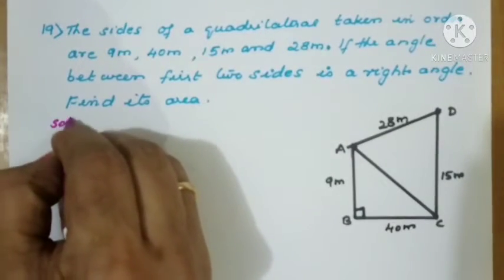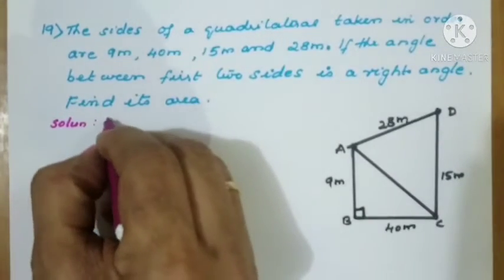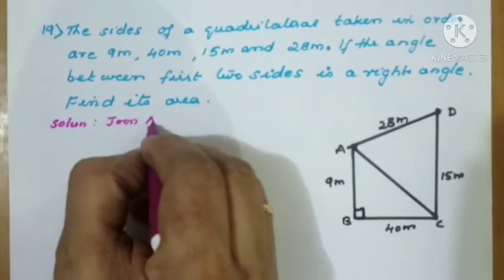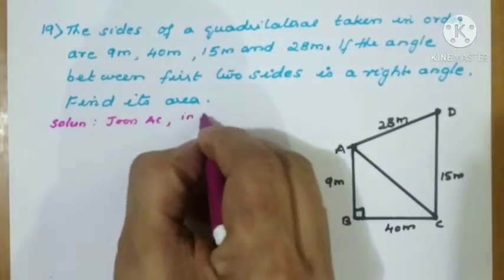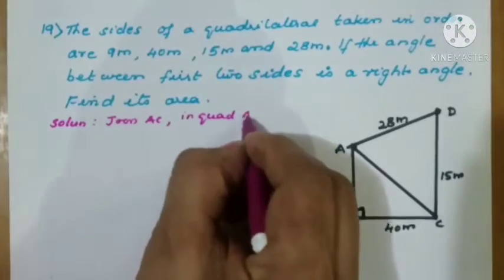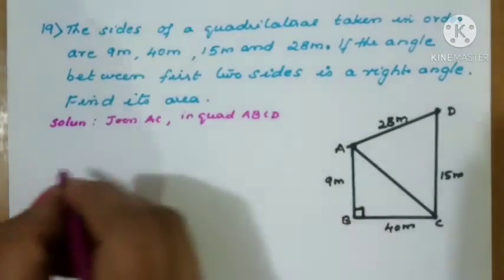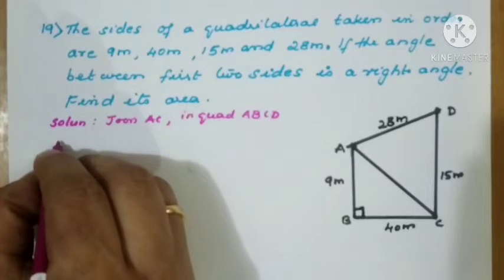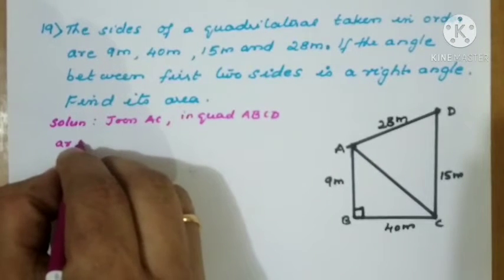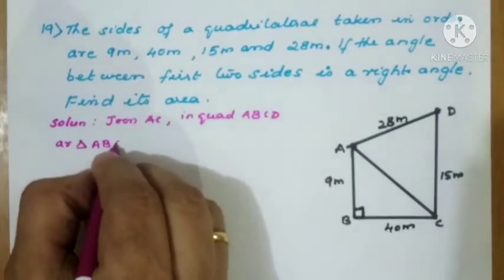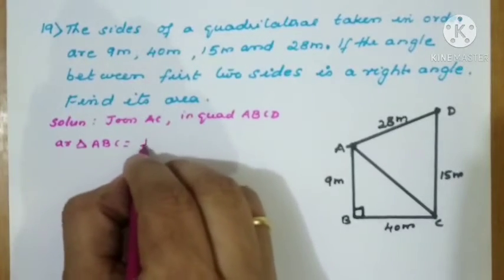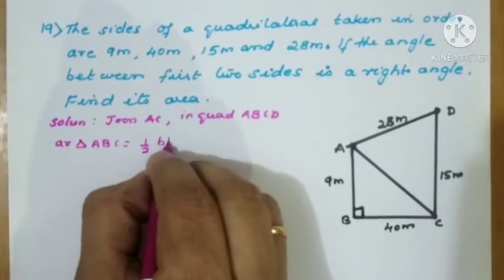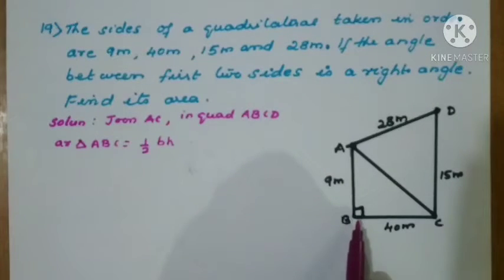So solution. Join AC in quadrilateral ABCD. Now area of triangle ABC equals half into base into height, because it's a 90 degree angle.